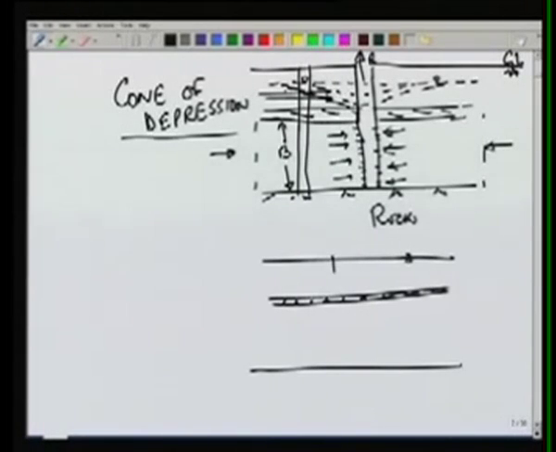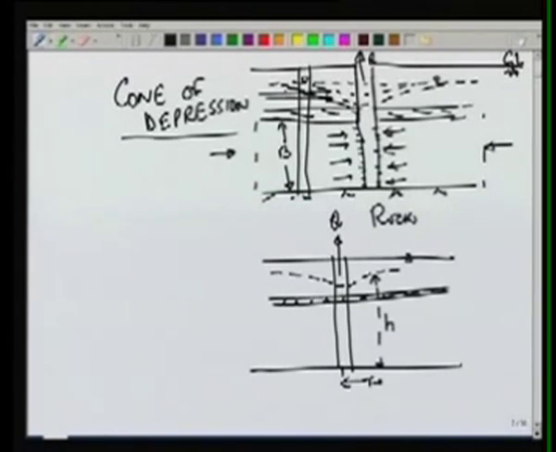What we are interested in is finding out the location of the cone of depression at any distance r from the center of the well.